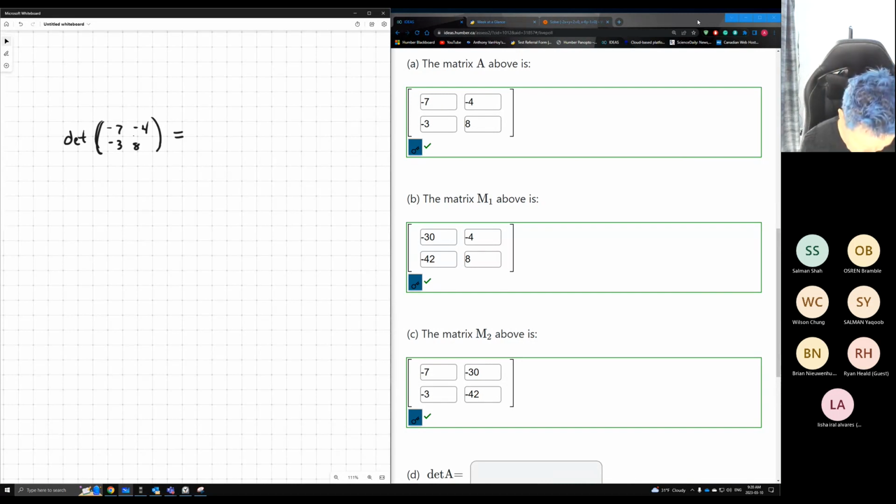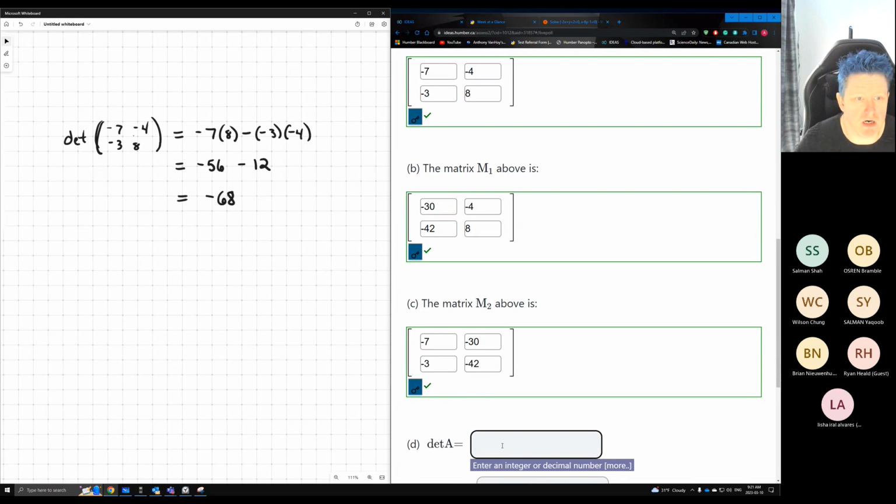All right, so let's see, -7 times 8 minus -3 times -4. So that's -56 minus 12, I believe. That's -68. So -68 is my determinant of A.